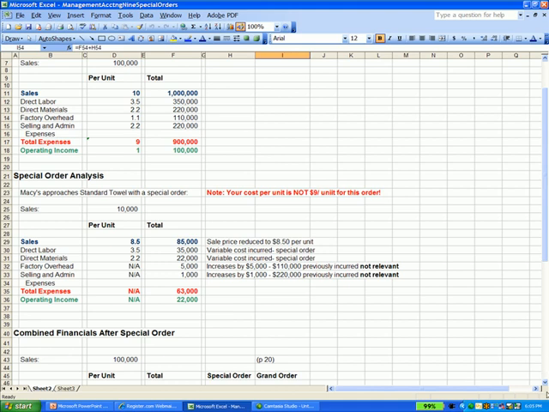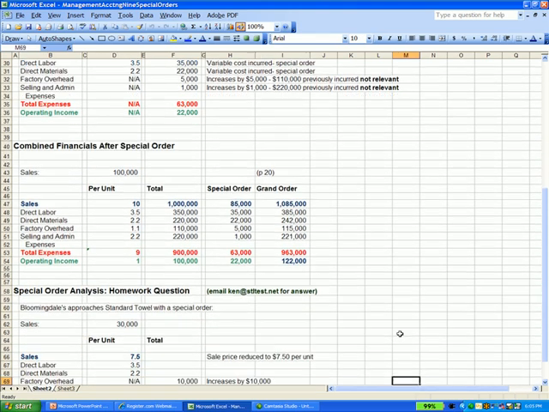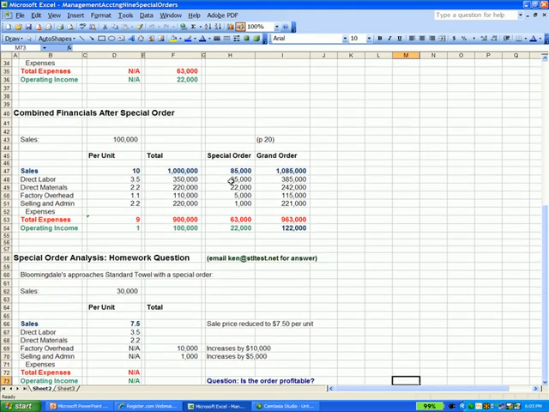If we look at our financials after the special order, we're combining the financials before in this column, the special order in this column. You'll see that overall we're better off. Instead of a profit of 100,000, we've got a profit of 122,000.